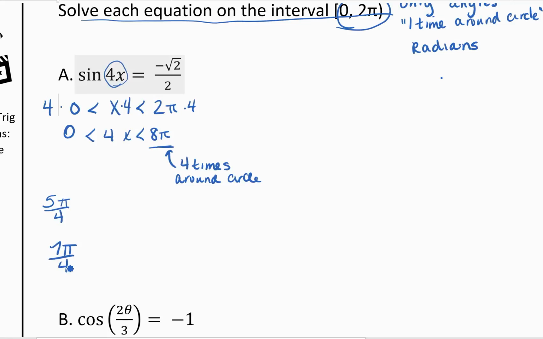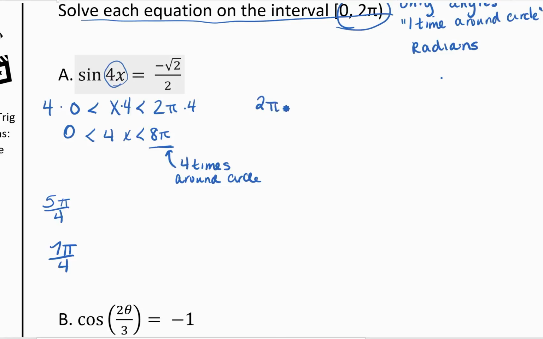Now the only time where we'll get sine equal to negative square root of 2 over 2 is at one of these angles. So we need to go 4 times around, meaning we need to add 2 pi to these angles 3 more times, because this was our first time, to get a total of 4 times around the circle. Now 2 pi, we want it in terms of fourths.